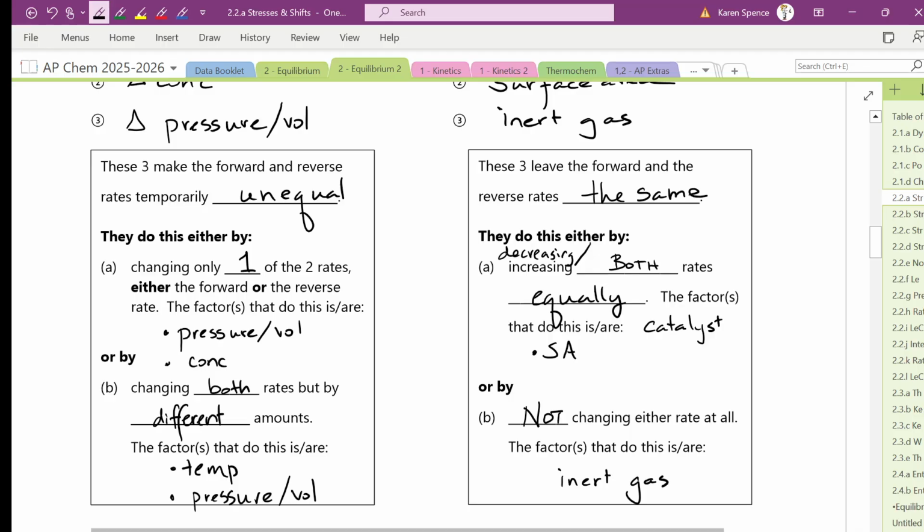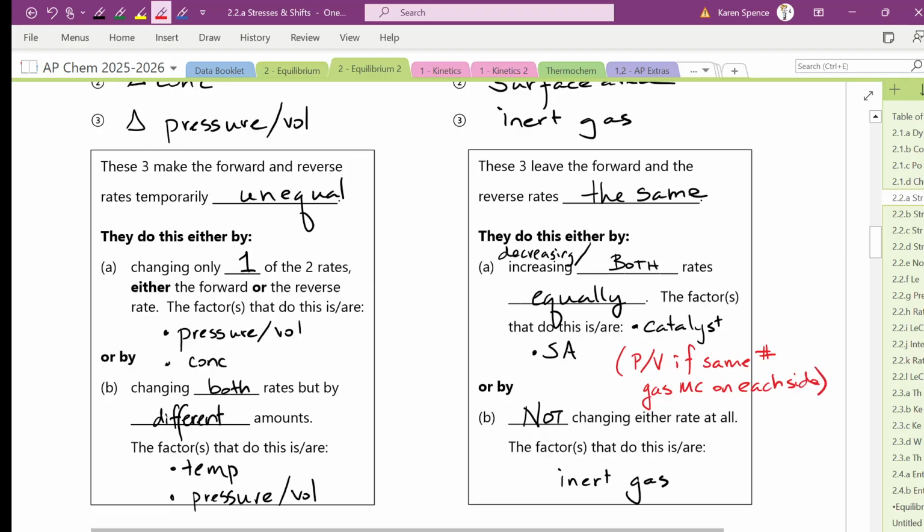Now, I have to say the situation that you were talking about, Ansel, was when we have the same number of gas molecules on each side, it will actually change both rates the same. So I'm going to put that in brackets over here. Pressure, volume, if there's the same number of gas molecules on each side.